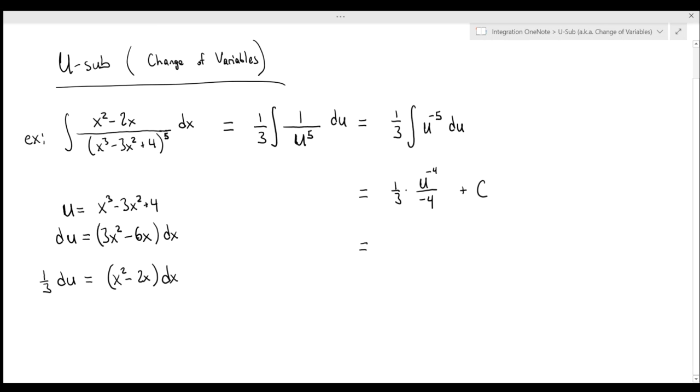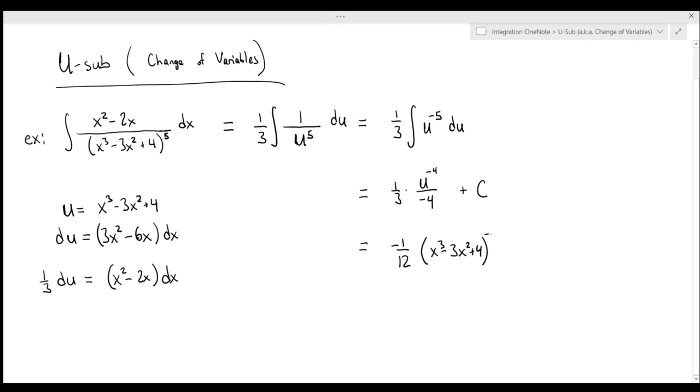And then lastly, what we want to do is rewrite our answer in terms of the original variable, so in terms of x. So we need to plug this back in for u. So let's see here. Let's multiply the 3 and then -4, so we'll get -1/12. And then we'll replace u with x cubed minus 3x squared plus 4.